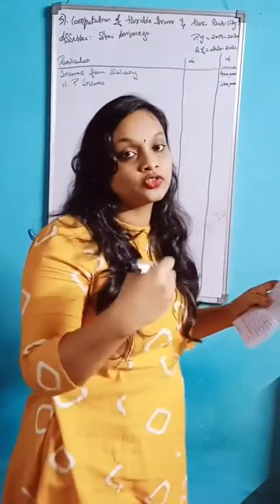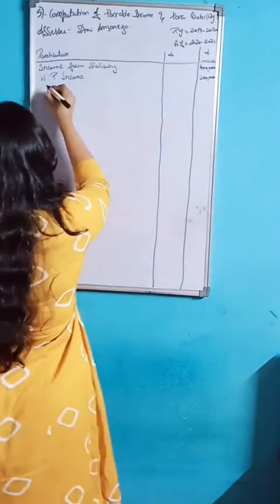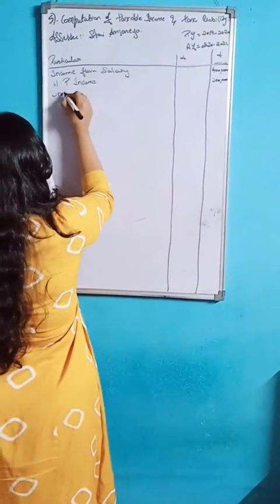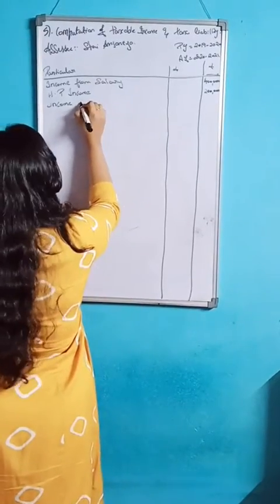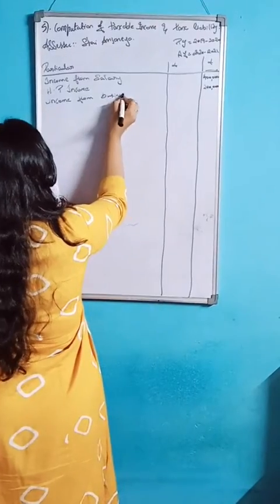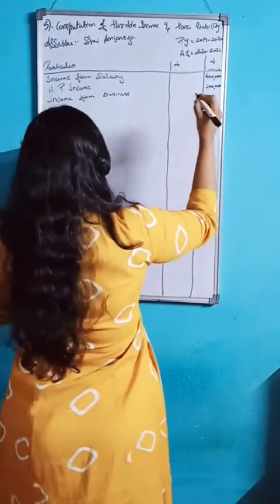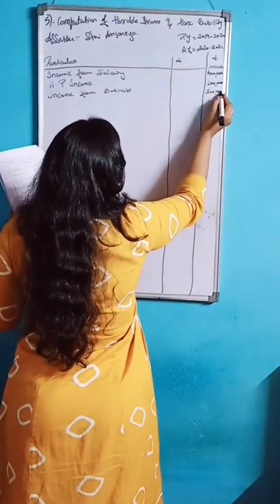Income from business was rupees 5 lakh. So you should write direct amount column. Income from business is rupees 5 lakh.